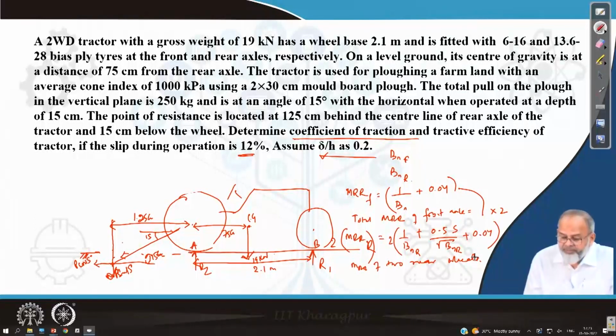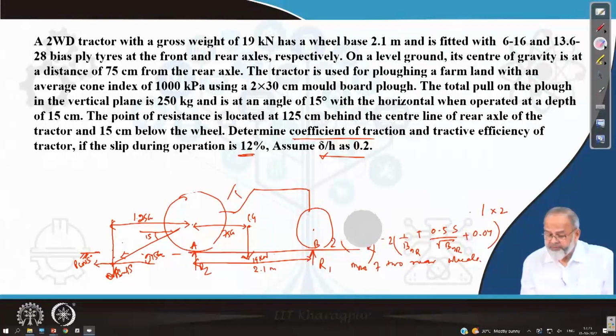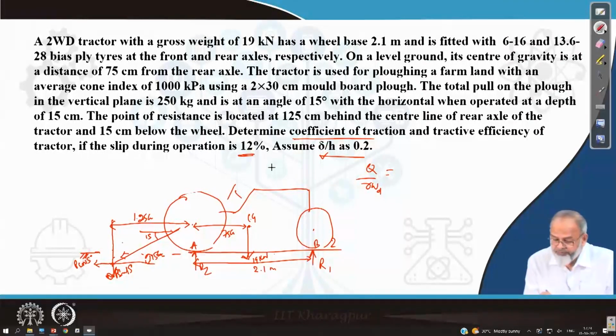Next, what is the power which is developed? That means the gross traction ratio. For calculating the gross traction ratio, we will again take the help of the Brixius equation, which is given as Q upon Rw is equal to, where W is your dynamic weight, and R2 by 2 will be equal to Wd in one wheel.